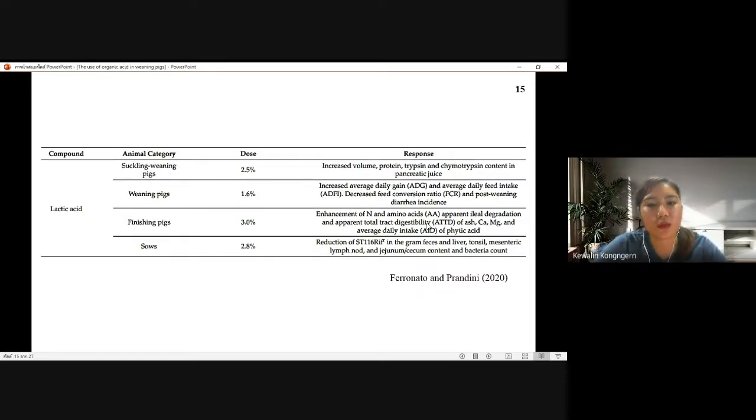When we use 2.5% in suckling to weaning pigs, it will increase the volume of protein, trypsin, and chymotrypsin content in pancreatic juice. And when we use 1.6% in the weaning pig, it will increase the ADG and ADFI, and decrease the feed conversion ratio and post-weaning diarrhea incidence.